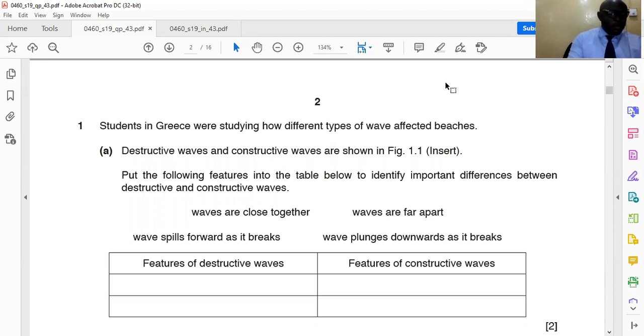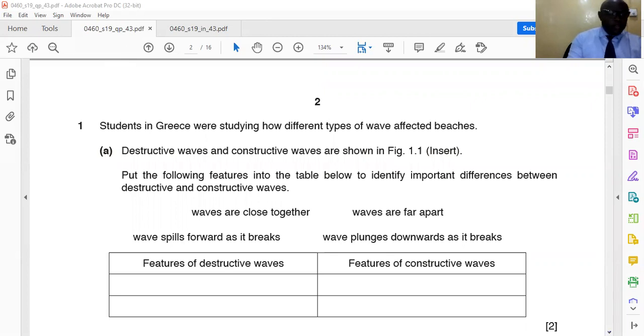While for constructive waves, waves are far apart and the wave spills forward as it breaks. So just put two each.